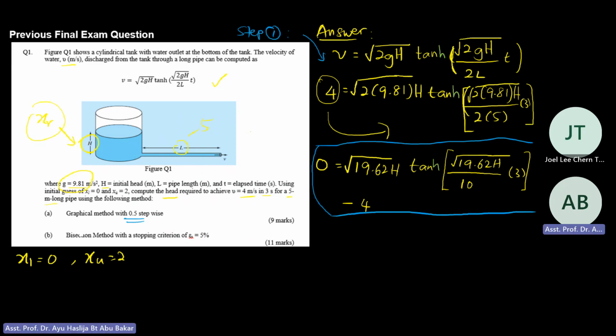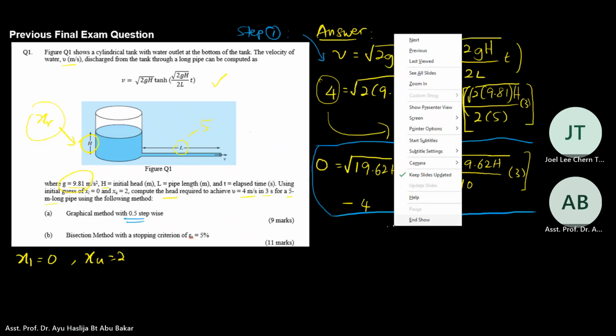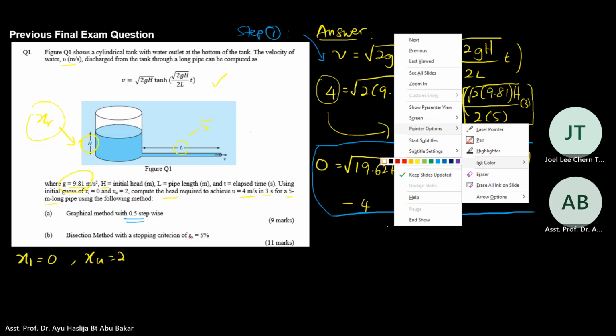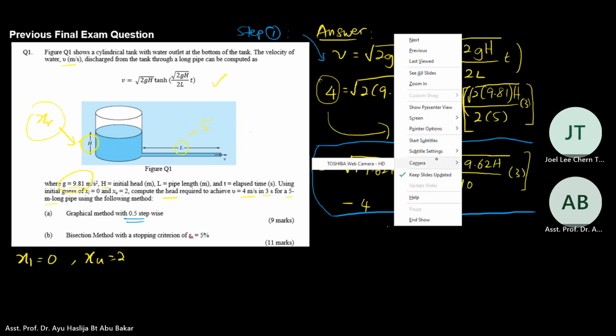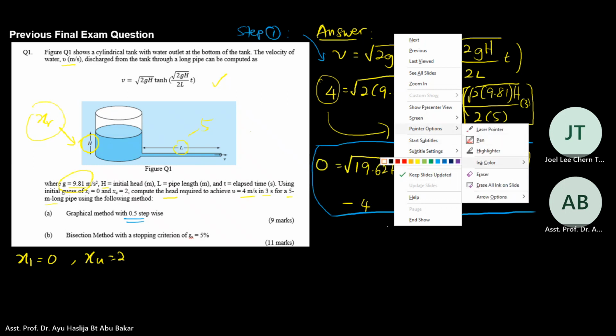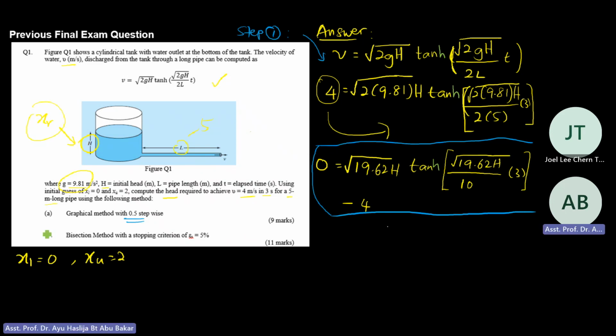We focus on B. The question asks you to find the H using the bisection method with stopping criterion of 5%. ES is equal to 5%.